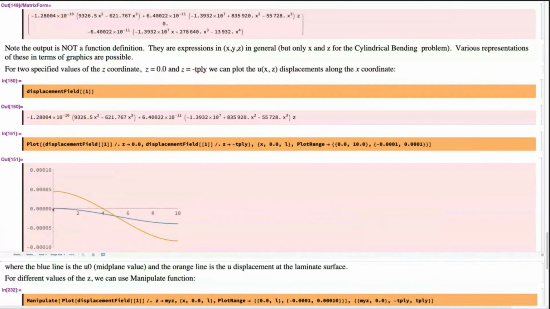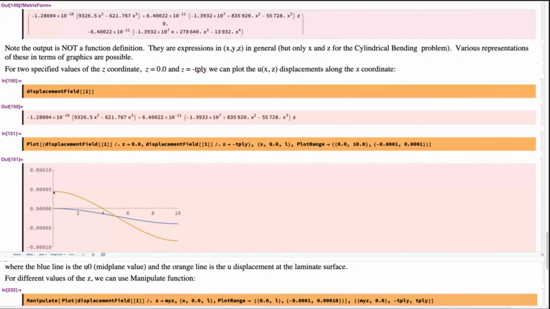So at midplane, u displacement is 0 at this end, but since this plate is bending, rotating, because of the curvature, the top part is rotated, so it has this kind of a deformation along the x direction. This is the x coordinates from 0 to 10 unit long plate. And this is the u displacement at the top.